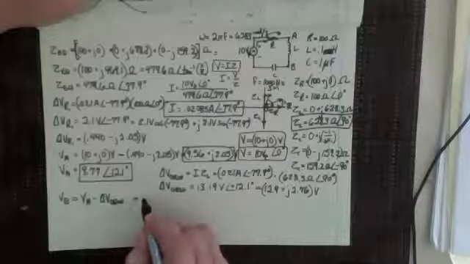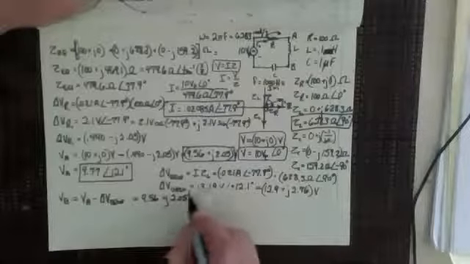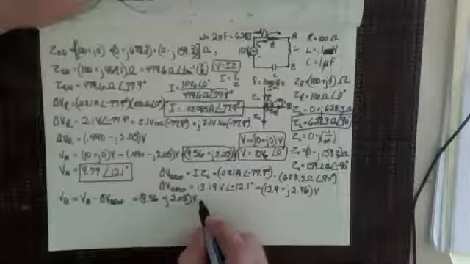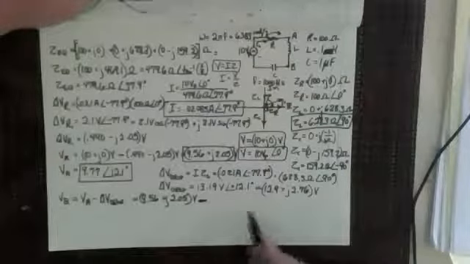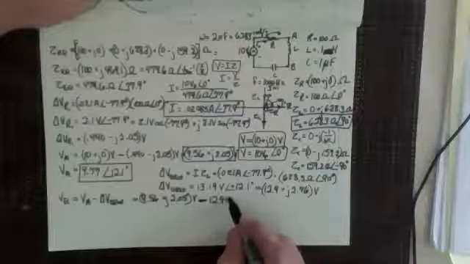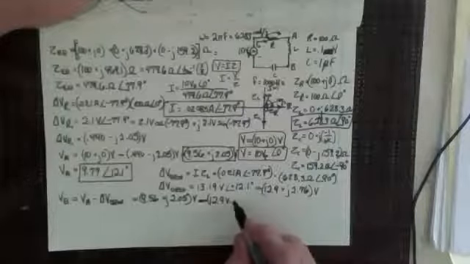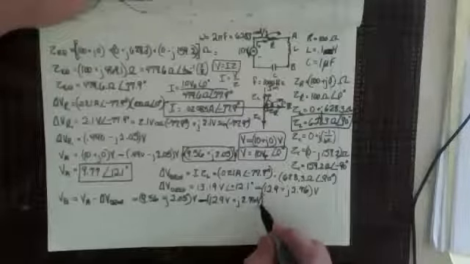So I've got 9.56 plus J 2.05 volts. That's what I had at A. And then I'm going to subtract off 12.9 volts plus J 2.76 volts, right?